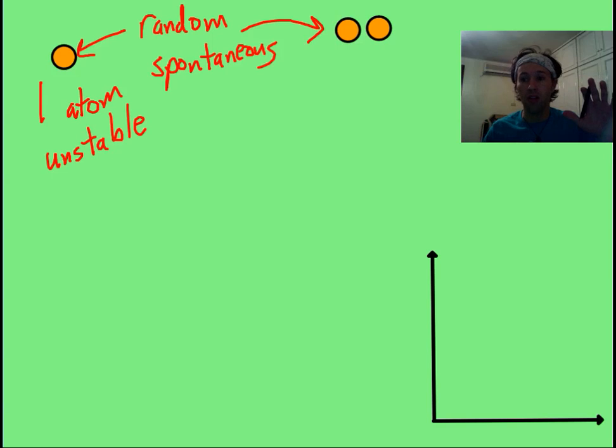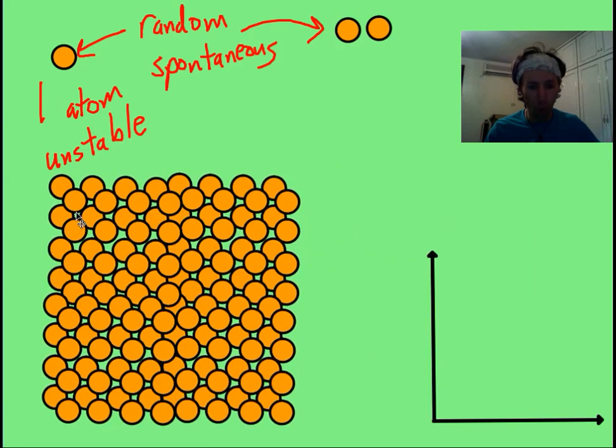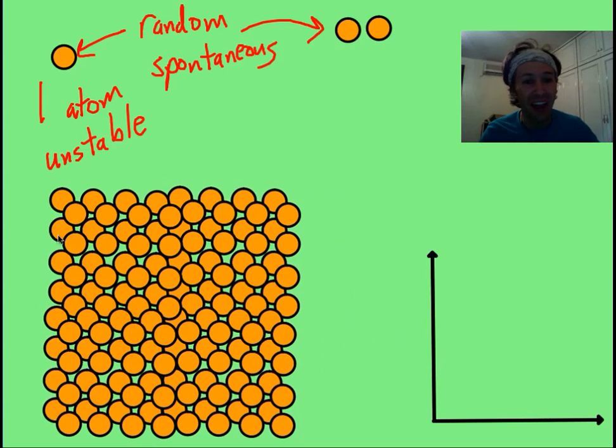But any chunk of any substance is going to have a bazillion atoms in there. That's like a magic trick. Of these bazillion atoms, you can make some predictions. While you couldn't tell anything about a particular atom, you could tell that in this sample of a bazillion, a certain number will decay.